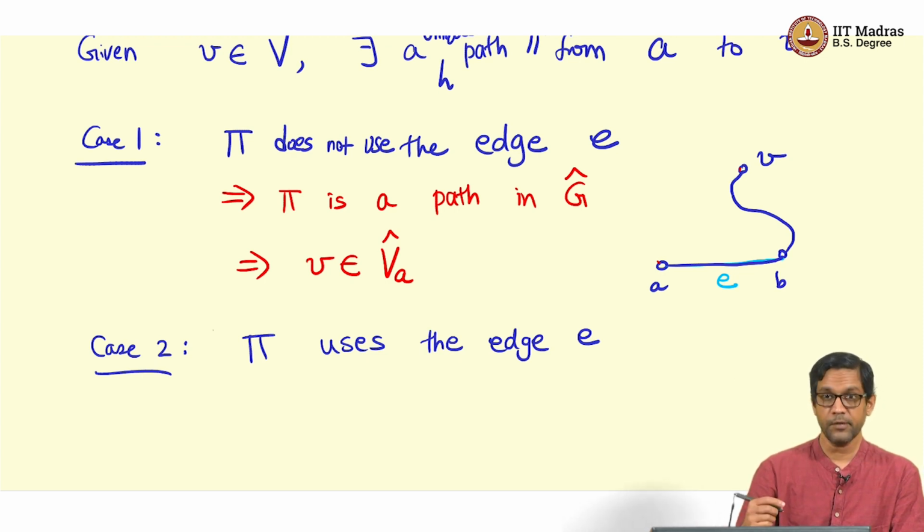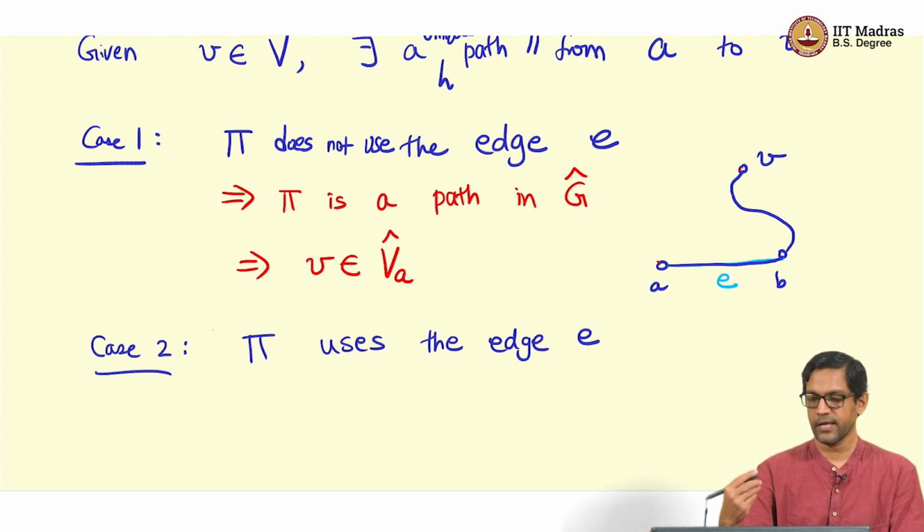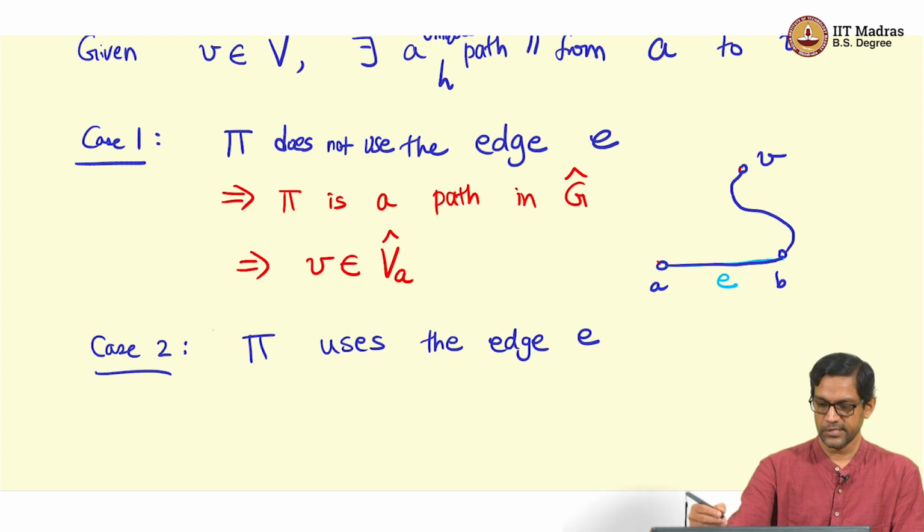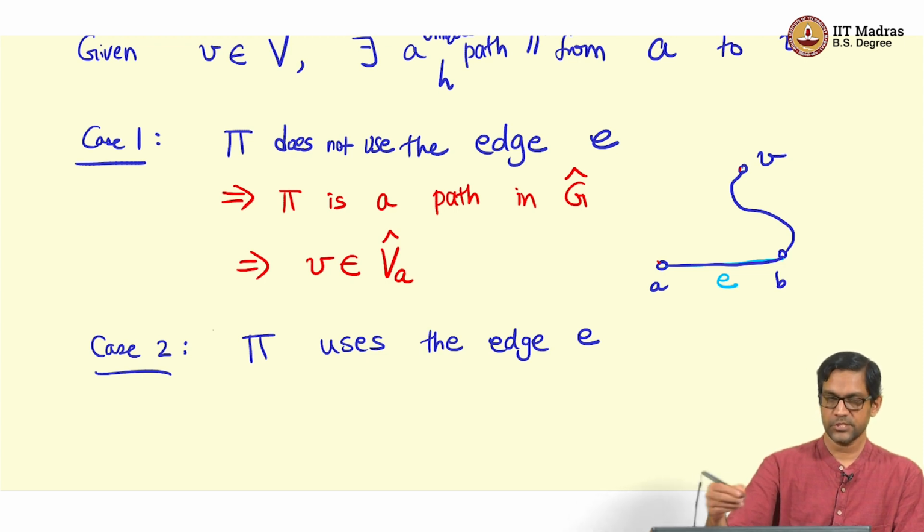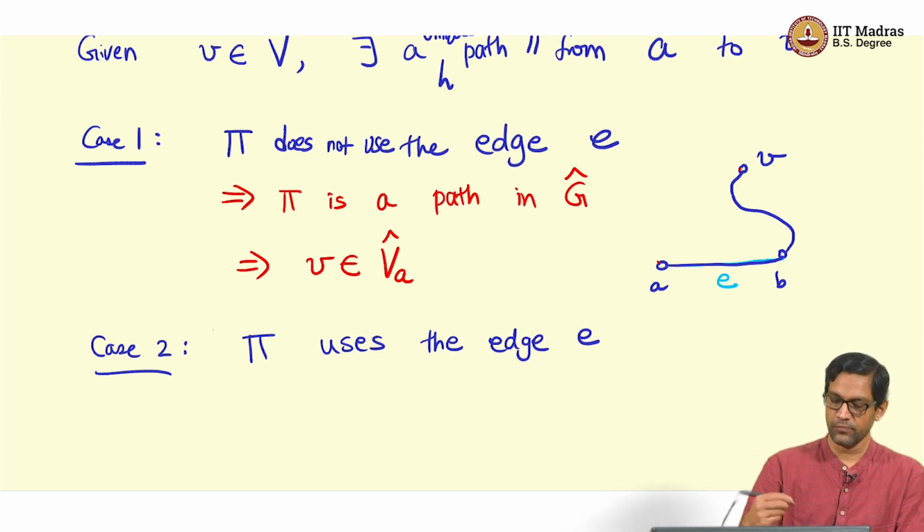It means I can get a path from B to V which does not use the edge E again. Remember, a path means I cannot repeat any vertex or an edge. So, if there is a path which starts at A, first goes through E and then goes to V, I just delete E from that path and I will get a path from B to V.